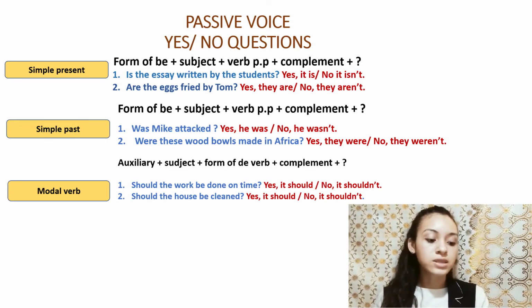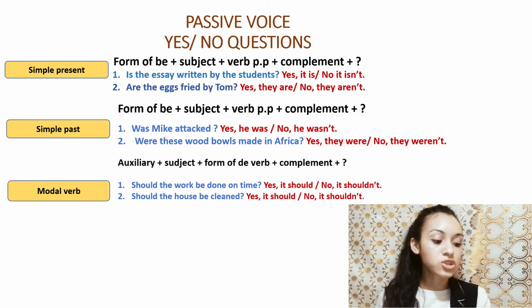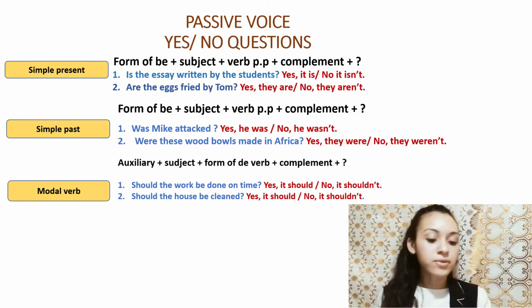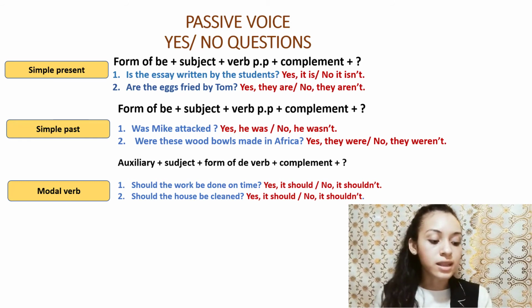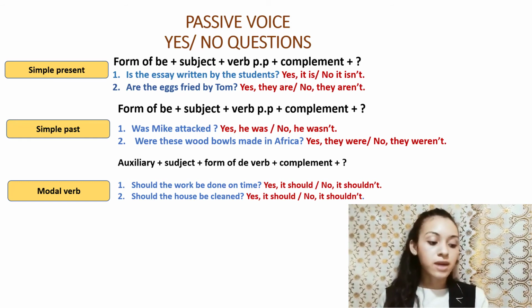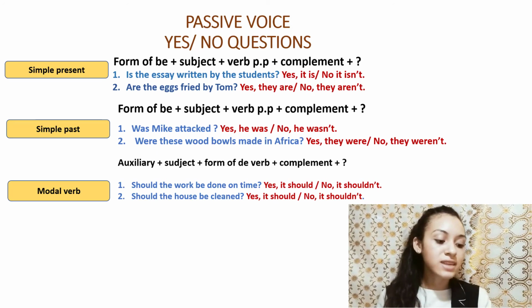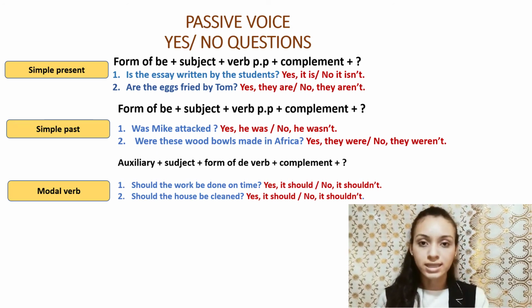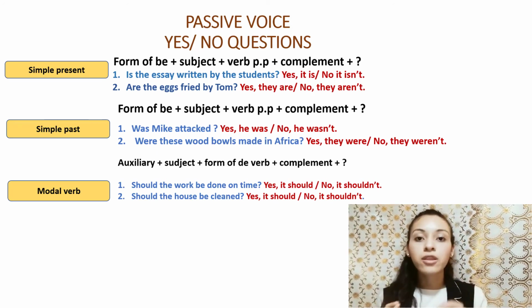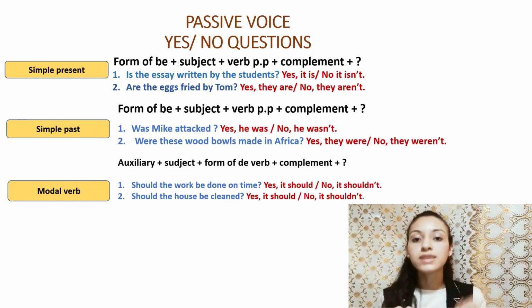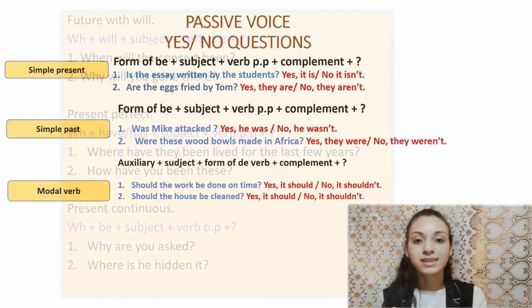Should the work be done on time? And the possible answers are yes it should or no it shouldn't. We have another example. Should the house be cleaned? And the possible answers are yes it should or no it shouldn't. You just need to follow this structure to make yes/no questions in different tenses.